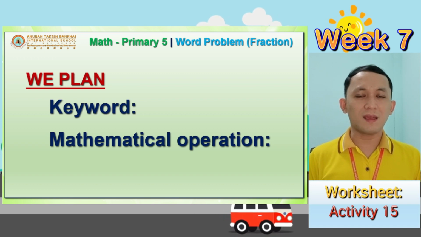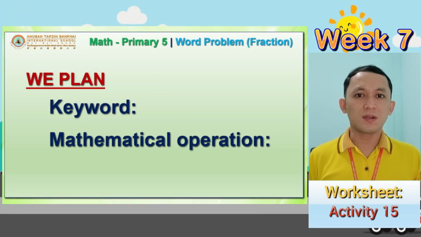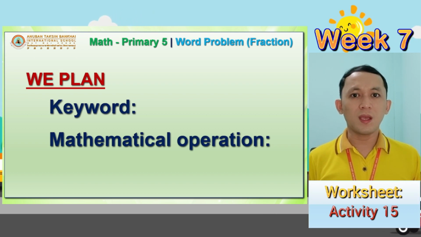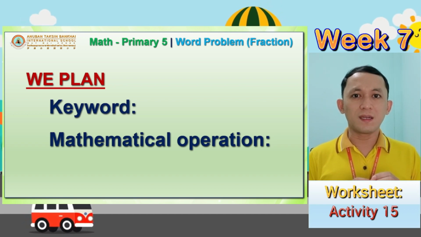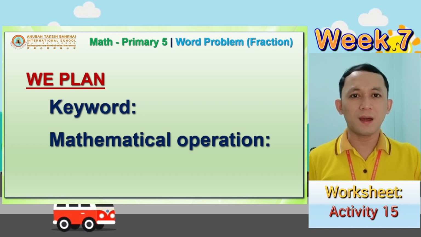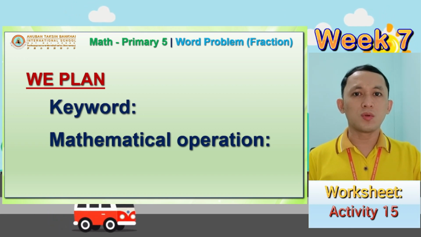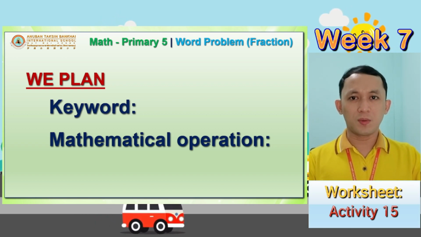In this stage, we identify the things that we are going to do to answer the word problem, including words that could help us, and whether we're going to use addition or subtraction as our operation.